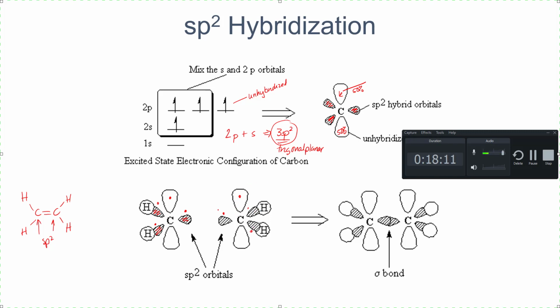So now in order to form the carbon-carbon single bond, I'm going to overlap head-to-head the 2 sp2 hybrid orbitals. And this gets us to what is a sigma bond. A sigma bond is when you take 2 orbitals, and they don't have to be hybrid orbitals, but when you take 2 orbitals and you overlap them head to head, then you end up with a sigma bond.